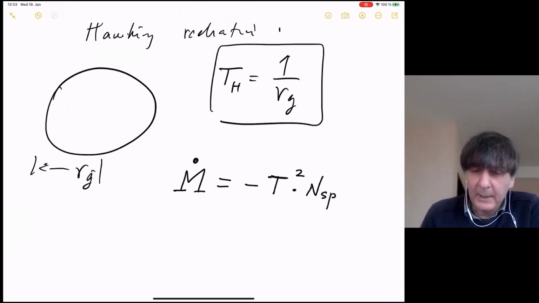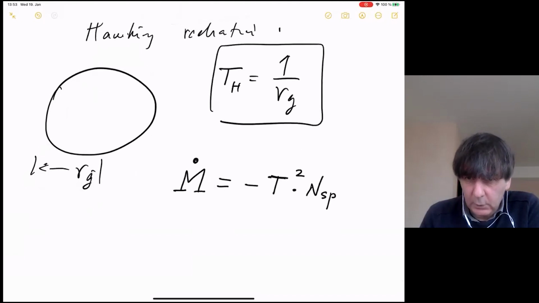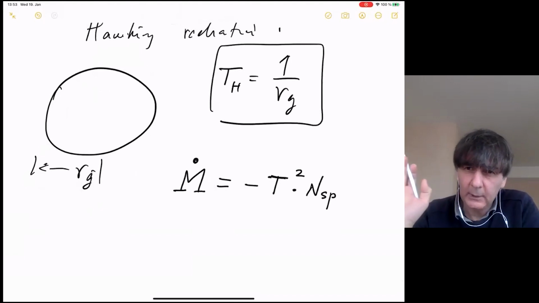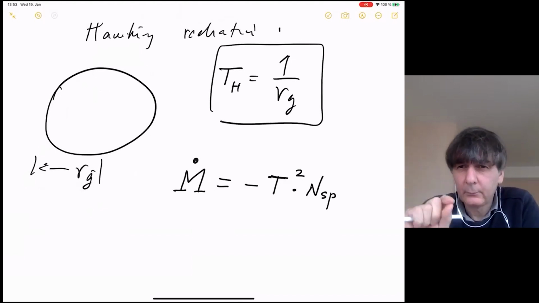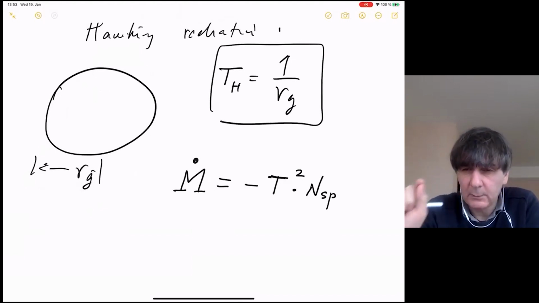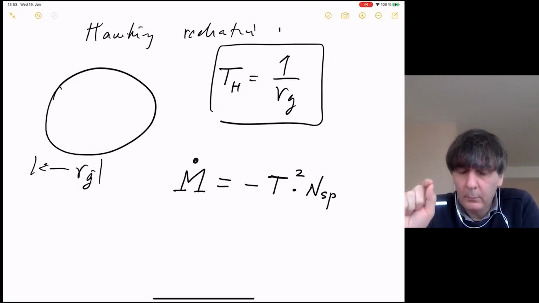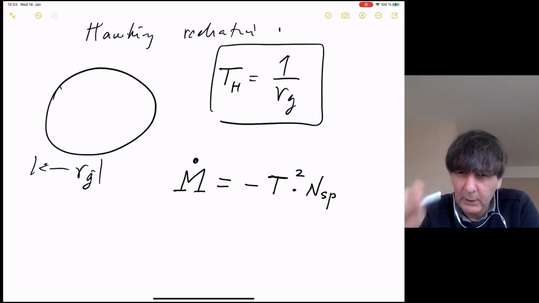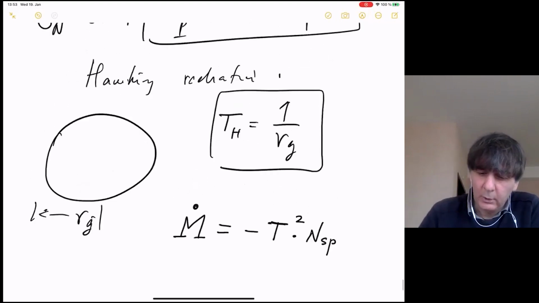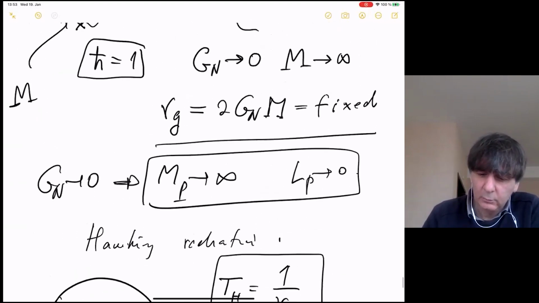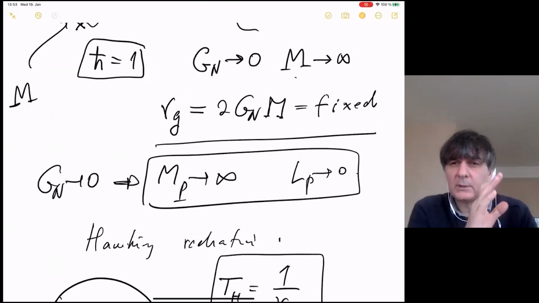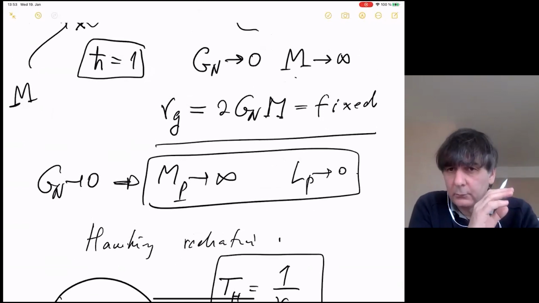Now, despite the fact that the derivative is non-zero, the black hole mass in this limit doesn't decrease. So it is very important to be very precise about these limits. Despite the fact that the black hole evaporates, since we already took the limit when the mass was infinite, the black hole represents an infinite capacity reservoir.